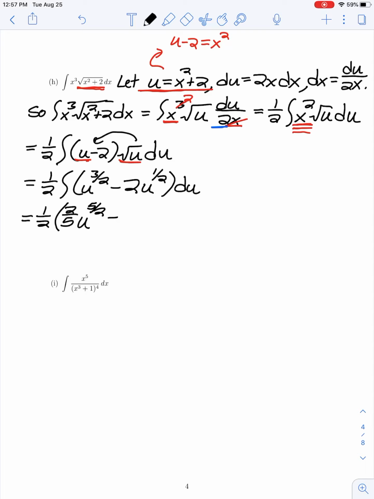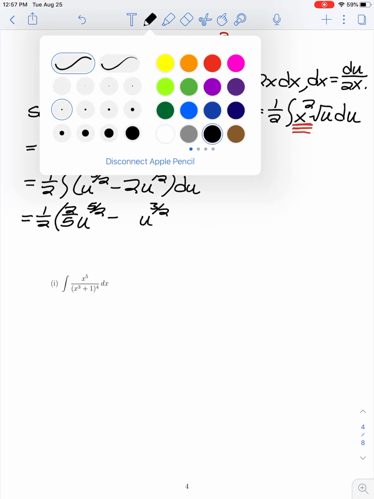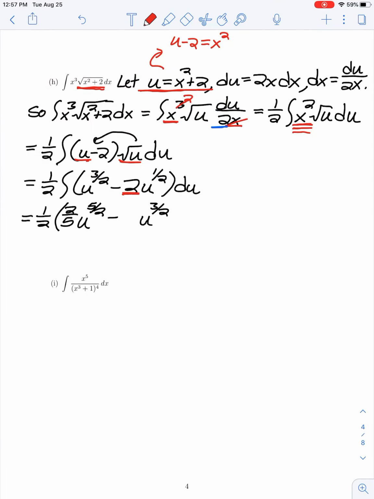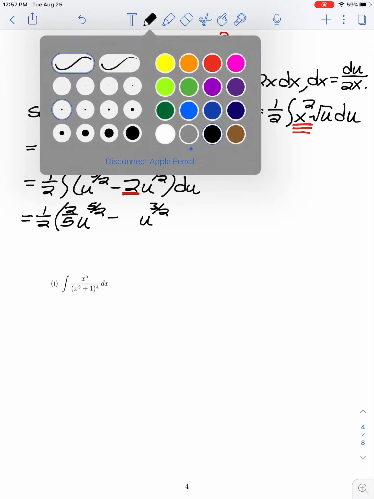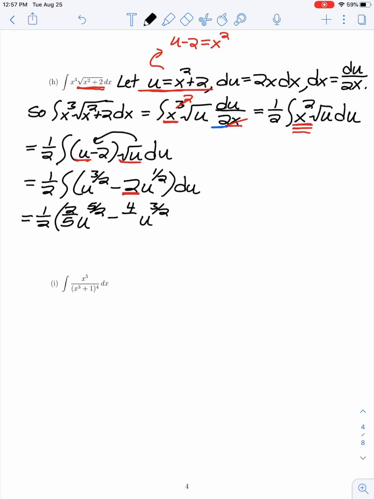And then we're subtracting 2u to the 1/2 power. Adding 1 to the power, we get u to the 3/2 power, and then we divide by 3/2, which is equivalent to multiplying by 2/3. Here we already had a constant 2 out in front, so taking 2 times 2/3 will give us 4/3.